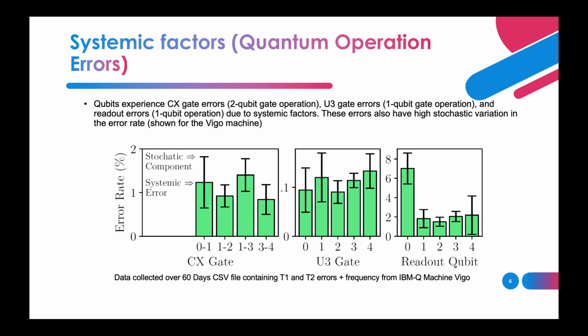Systematic is the correlation between the qubits, I'm going to show it later, and stochastic variation is, because you run your experiment let's say 1,000 times, how much difference each run gets from the expected result.